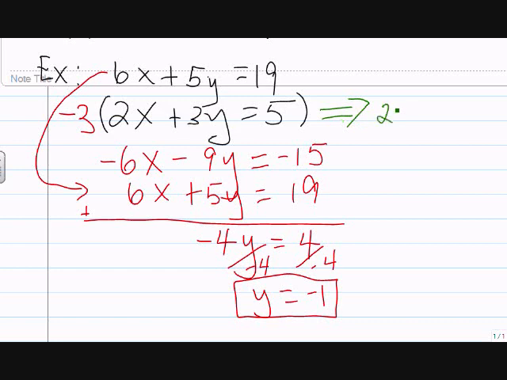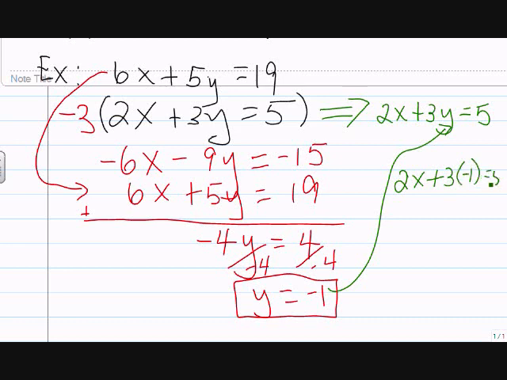So this said 2x plus 3y equals 5. Y is negative 1. So I change this to 2x plus 3 times negative 1 equals 5. So that's 2x plus 3 times negative 1, that's negative 3, or 2x minus 3 equals 5.